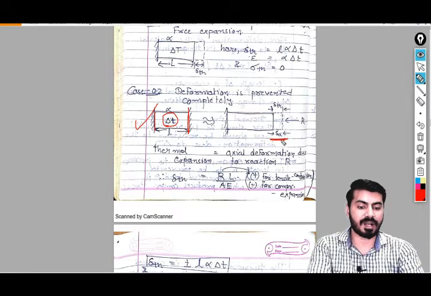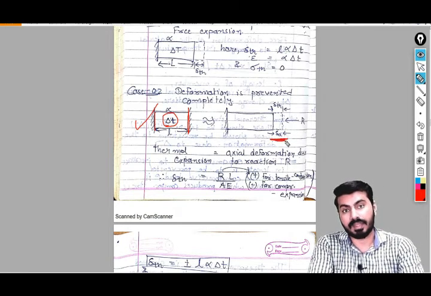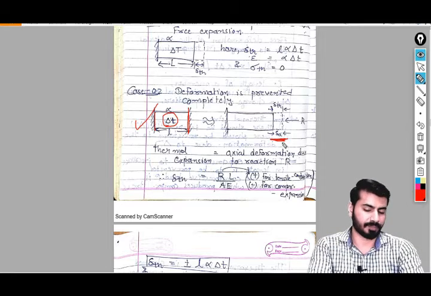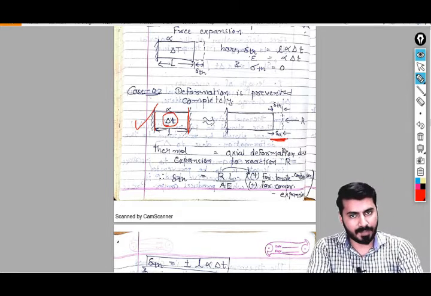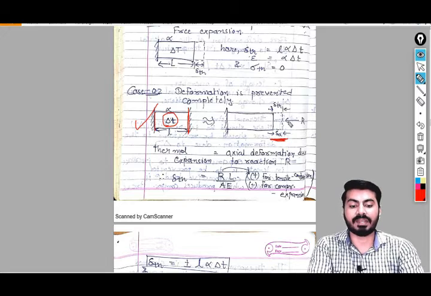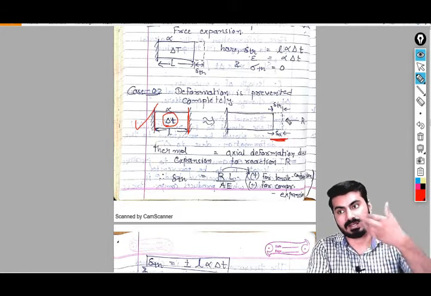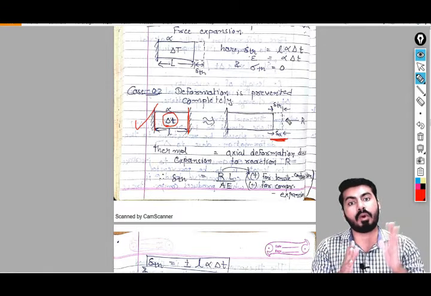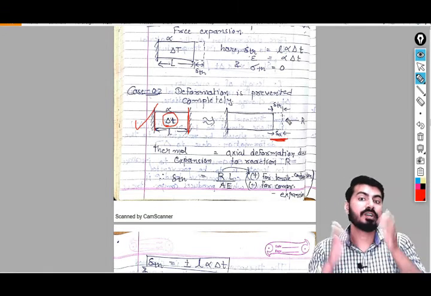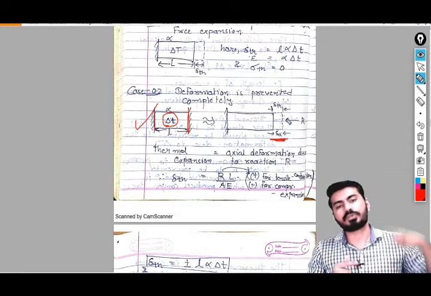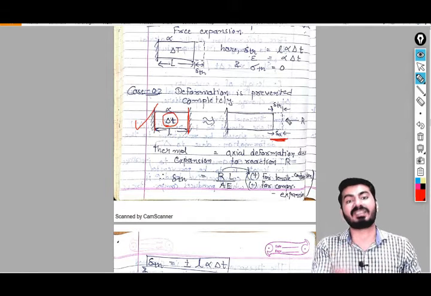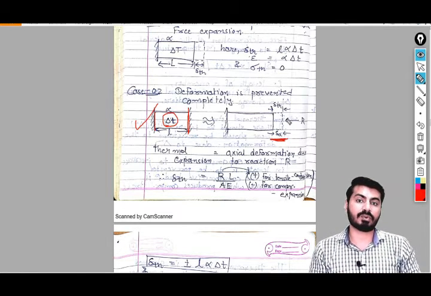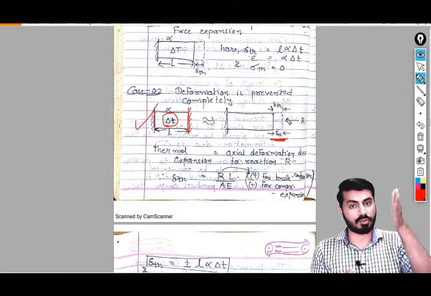This is the expansion that could have happened if the body was allowed to expand. But you have prevented the expansion, and that prevention requires some external agent which will keep pushing the body back to its original condition. So in order to push the body, you will have to apply an external force. This external force will be generated by the restriction that you have provided.